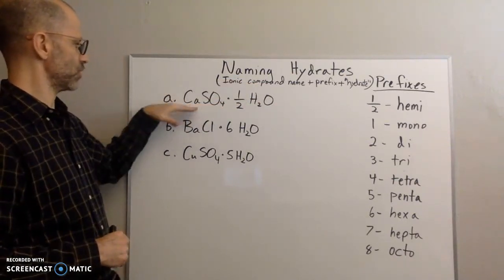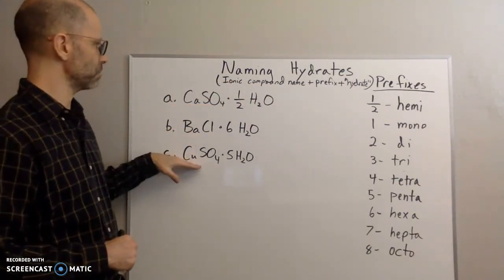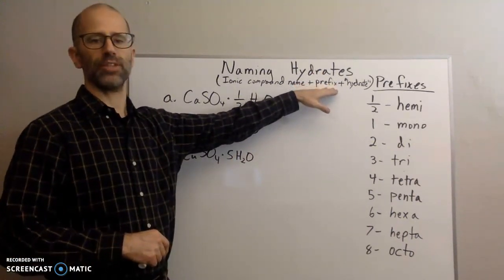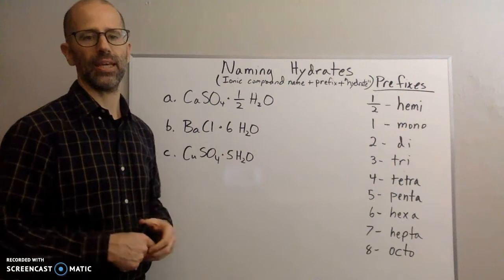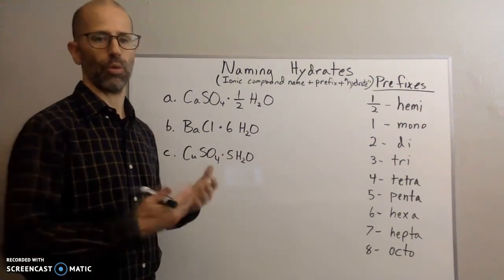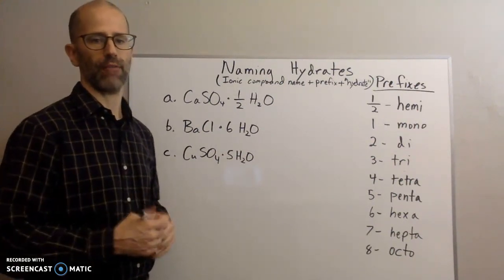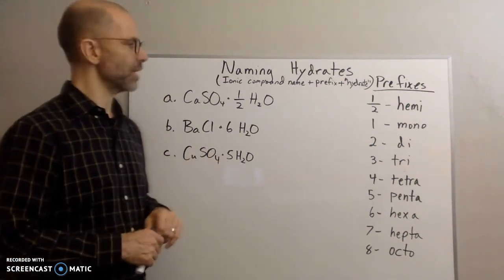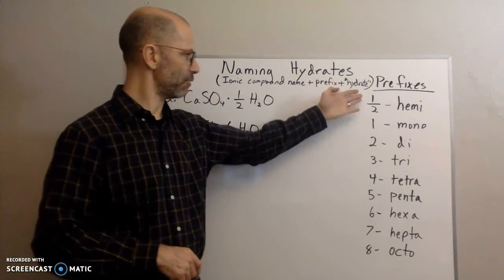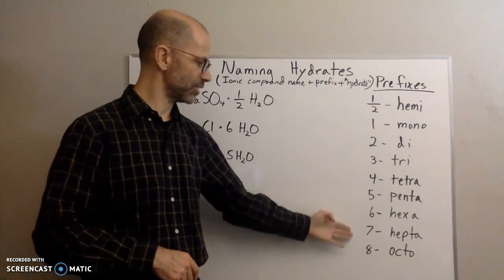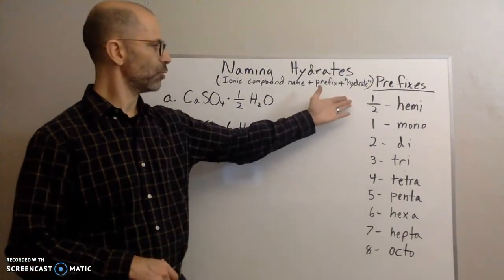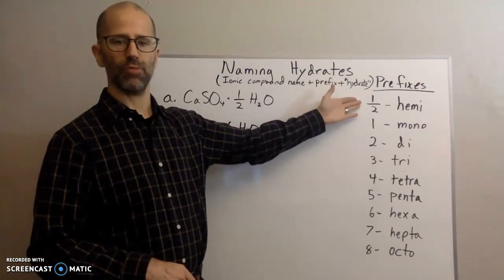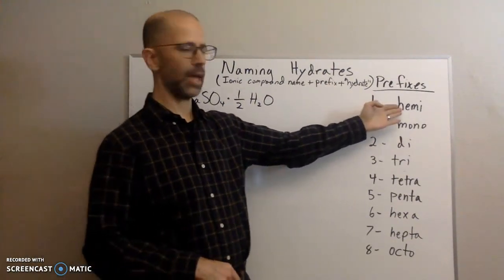So in this case, you have the ionic compound. And then you're going to have a prefix. The prefix is going to tell you how many molecules or moles of water you have per molecule or mole of the ionic substance. And so here I have the common prefixes that are used. If you have half a mole of water, that's going to be hemi.